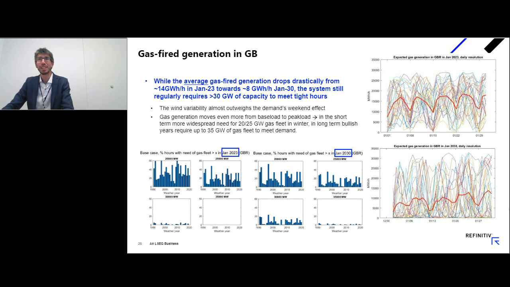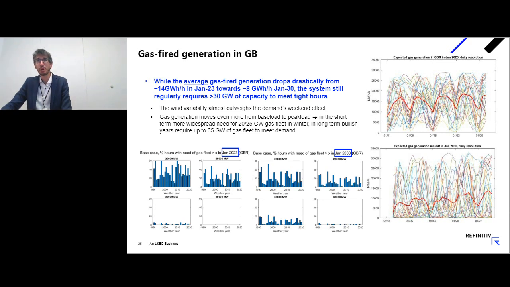The same story is told here in the charts on the left. We calculated the percentage of hours with need of gas fleet larger than 20, 25, 30 or 35 gigs in January 2023 or in January 2030. Here you see a much more uniform distribution on the top two charts, so 20 and 25 gigs: you need, relatively steadily across the different weather scenarios, at least 20 gigs.